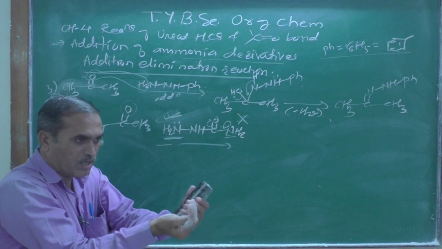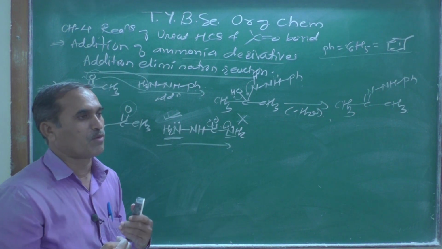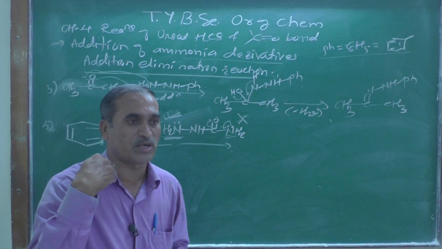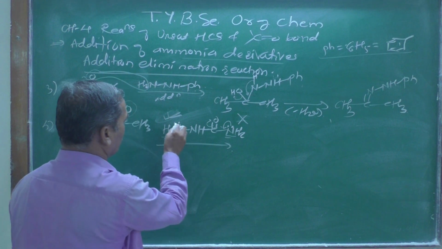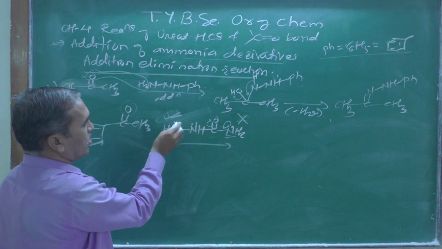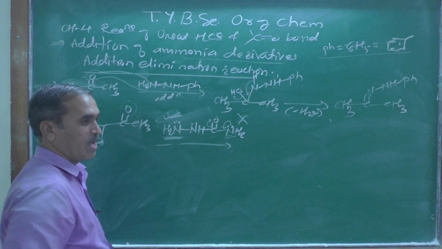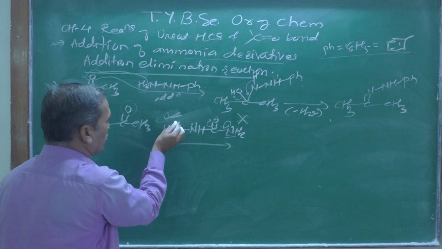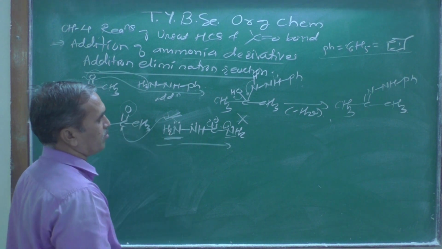This lone pair is pulled by that carbonyl group, it is not ready for donation. But here in the middle there is a nitrogen atom, so this lone pair is readily available for donation, and therefore it is going to react with this carbonyl group.